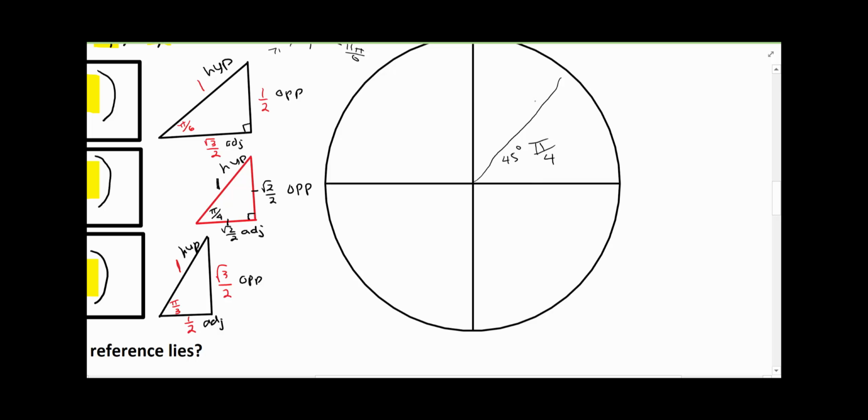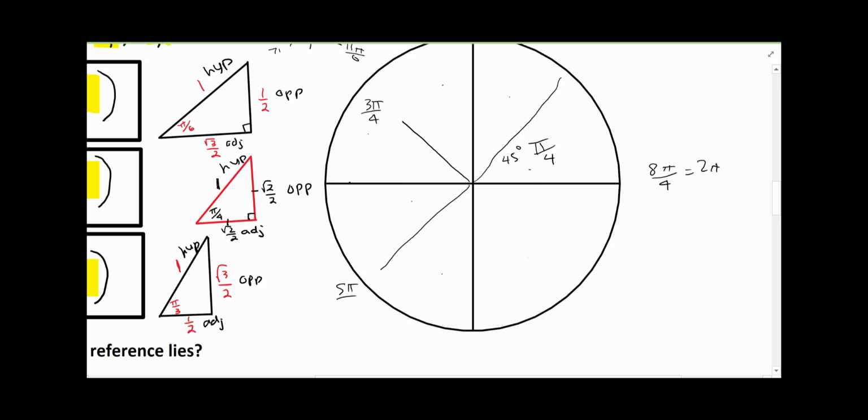Well, so there's 1, 2, 3, 4, 5, 6, 7, 8. There's 8 of those. If you go all the way around the circle, 8 pi fourths is the same as 2 pi. So we just have to count. So 1, 2, oh, there's another one. So that's 3 pi fourths, 4, 5.